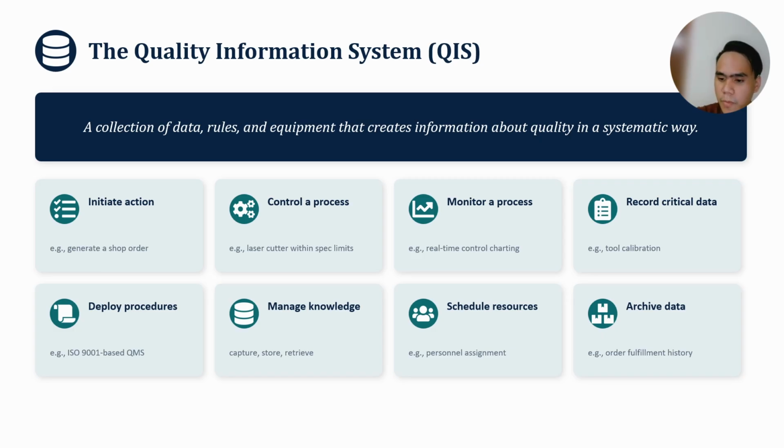It can create and deploy operating procedures, such as an ISO 9001 based quality management system itself. It can manage a knowledge base, capturing, storing, and retrieving organizational knowledge. It can schedule resource usage like personnel assignments, and it can archive data such as historical customer order fulfillment records.